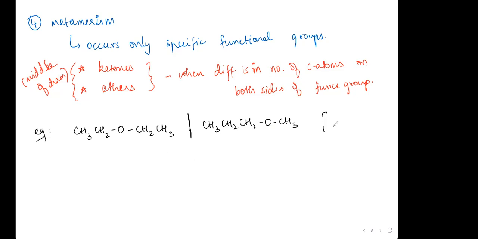What is the molecular formula in both these compounds? Can you count and tell me what you get? C4H10O. C4H10O in both the cases? Yeah. Okay.